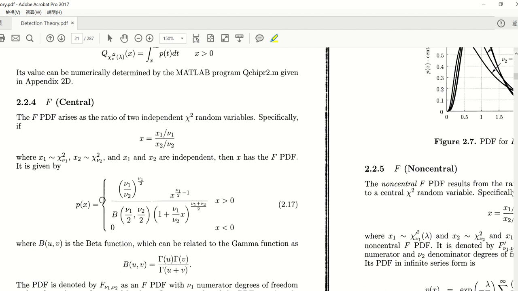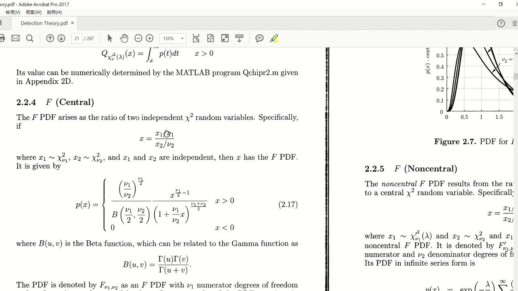Okay, let's just take a look at the formula in some detail. It's composed of a ratio of two random variables, x1 divided by x2, and its form is already parameterized by v1 and v2.